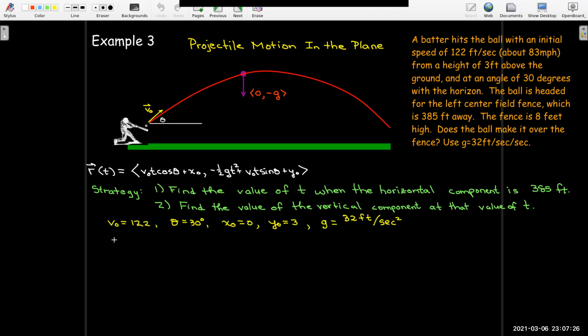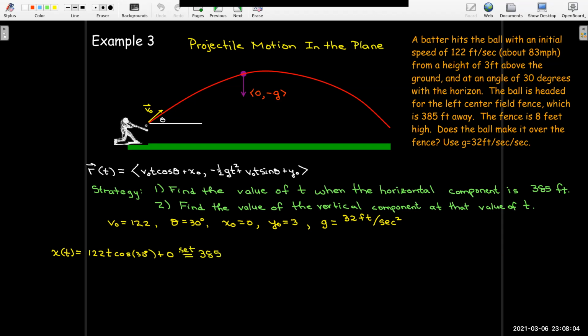So let's review. Our initial speed is 122 feet per second. We've got an angle of 30 degrees. Our initial position in the horizontal direction is 0. In the vertical direction, it's 3 feet off the ground. And we're told to use g equals 32 feet per second squared. So our horizontal component would be 122t times cosine of 30 degrees, which is root 3 over 2.